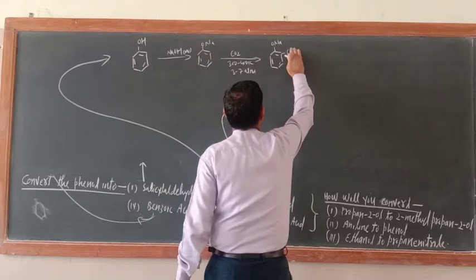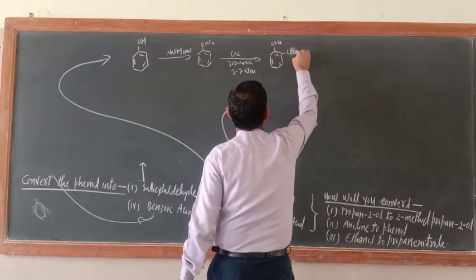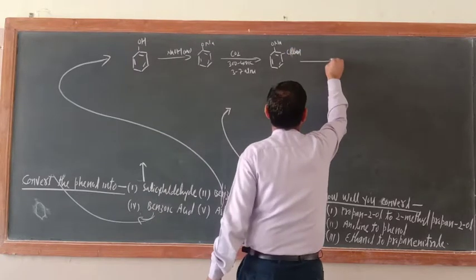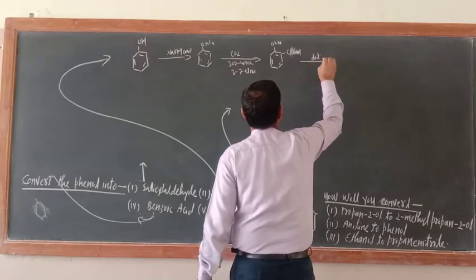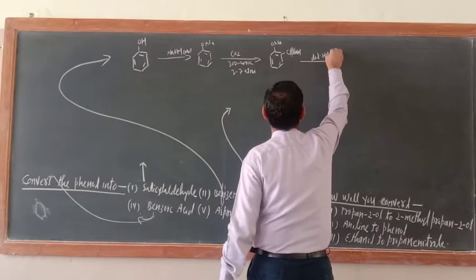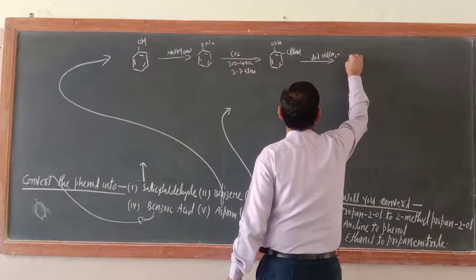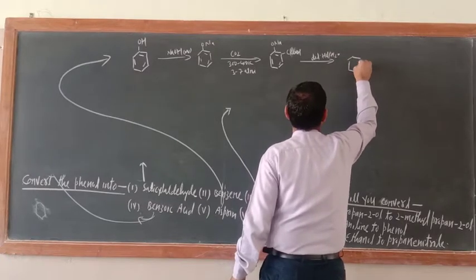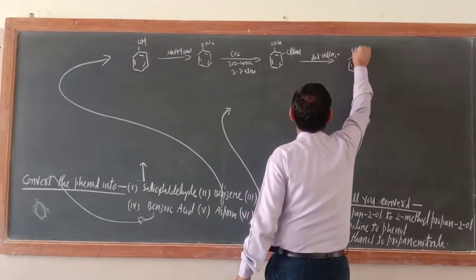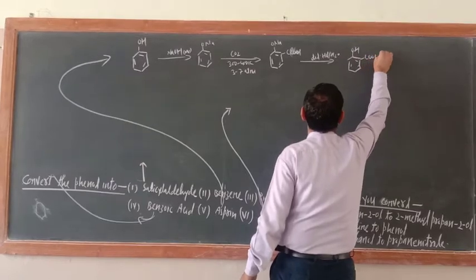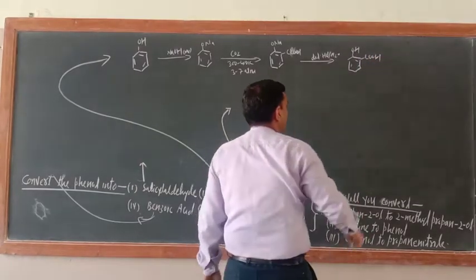Directly write COOH here. Now subject it to dilute HCl, acidic treatment. So here you will get OH and COOH.